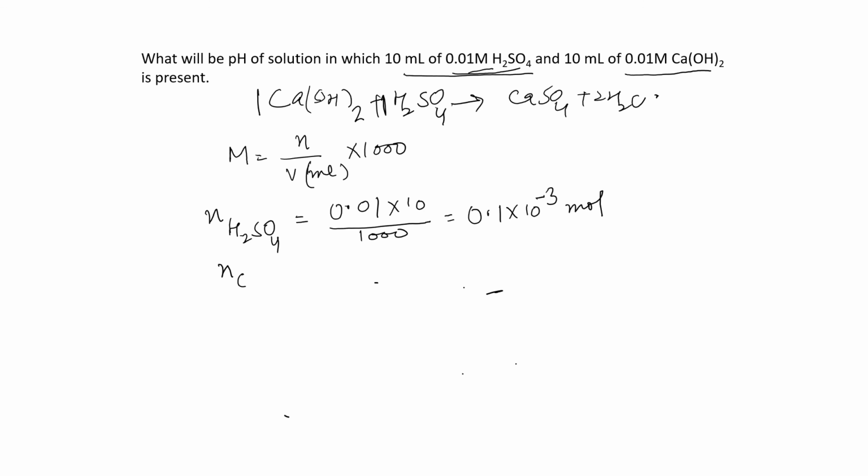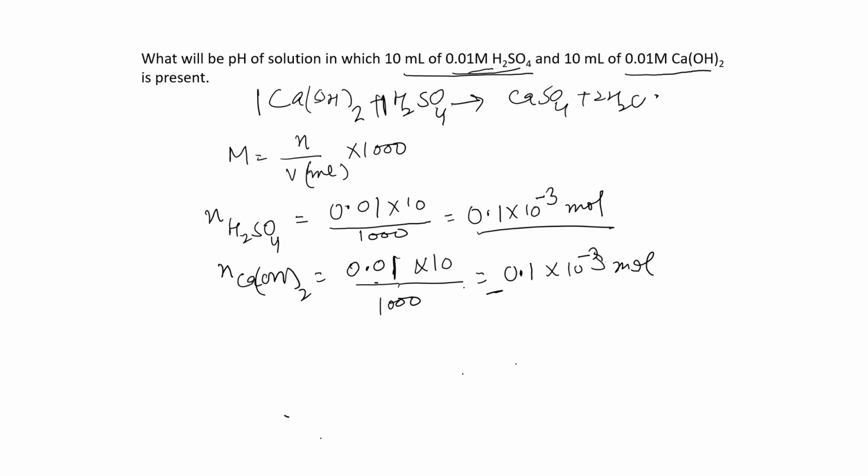Similarly, the number of moles of calcium hydroxide present in 10 milliliter of 0.01 molar calcium hydroxide is 0.01 into 10 milliliter divided by 1000, which comes out to be 0.1 into 10 raised to minus 3 moles. So from here we can see that equal numbers of moles of calcium hydroxide and H2SO4 are present.